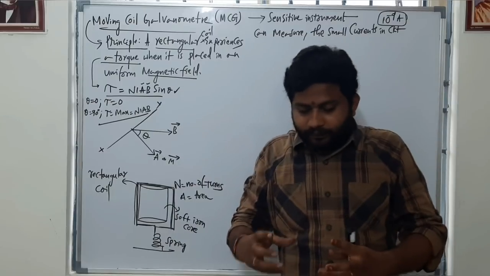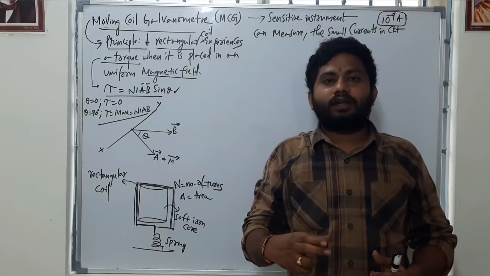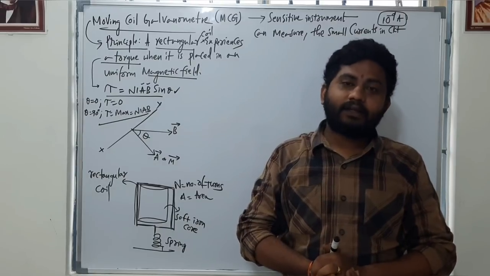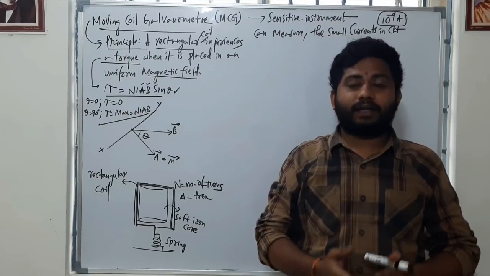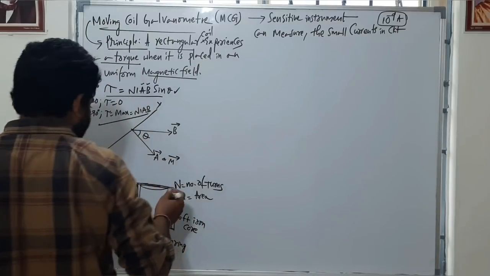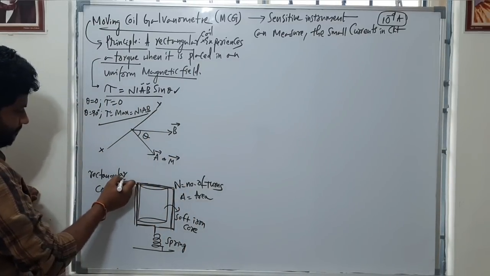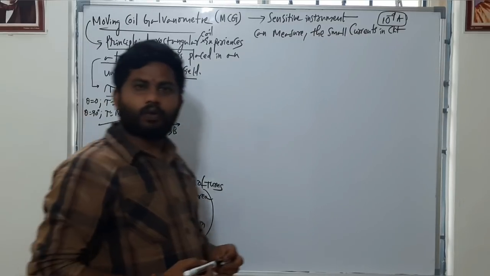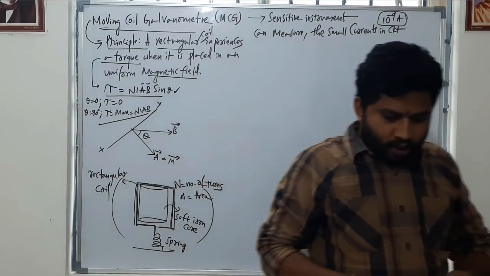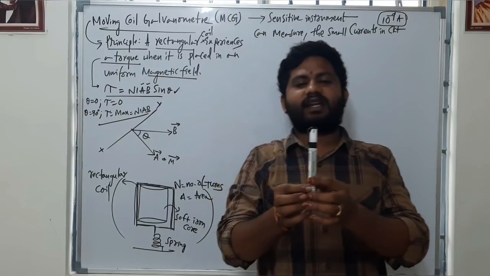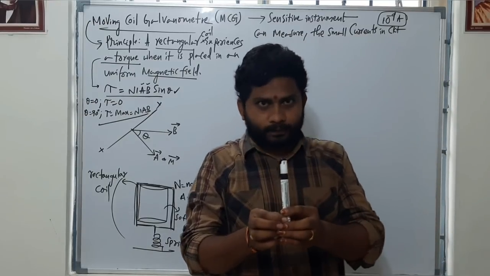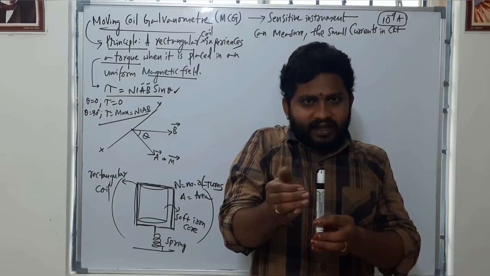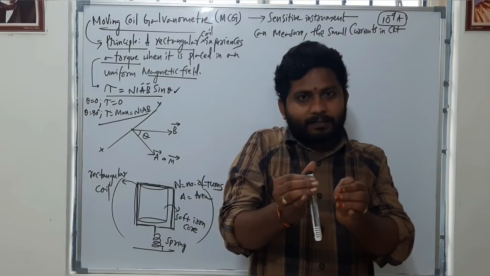Now this coil is placed in between the U-shaped magnet, right? In between, you can see the magnet like this. This way it is kept. Look at the interesting thing. Imagine this is a cylindrical soft iron core. There is a magnet of north pole and there is a magnet of south pole kept here.